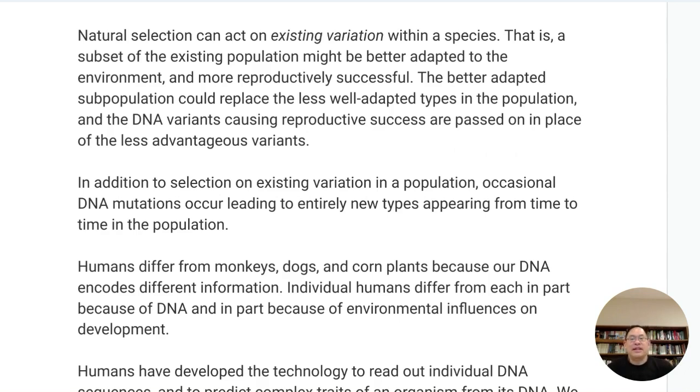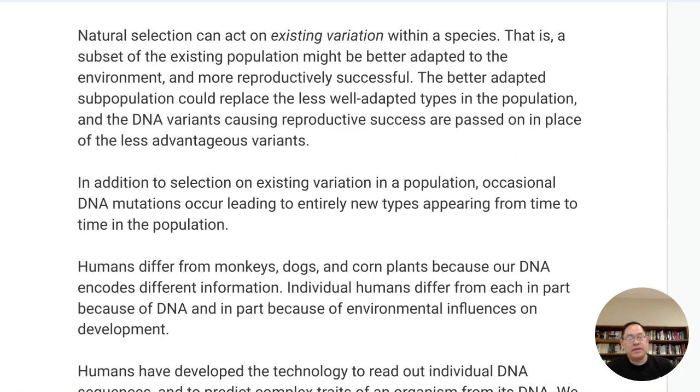Now, in addition to selection acting on existing variation in the population, you also have an additional phenomenon, which is occasional mutations. So these are either copying errors in the reproductive process, or maybe even a cosmic ray or a radioactive particle can hit the DNA of an organism and change it in the cell. And so there are occasional random variations that are introduced to every population.